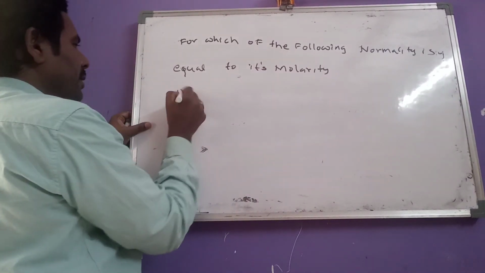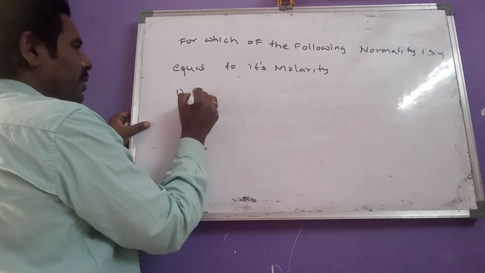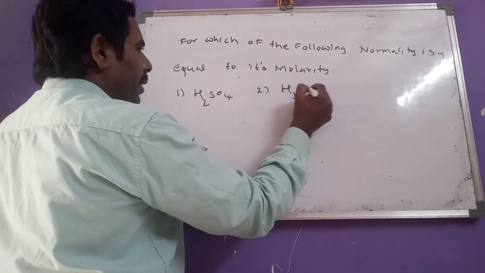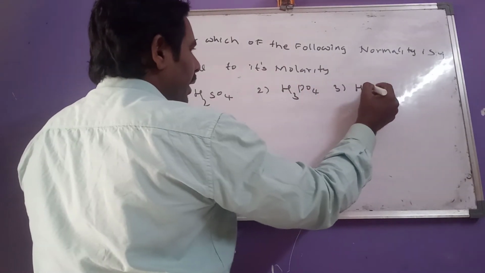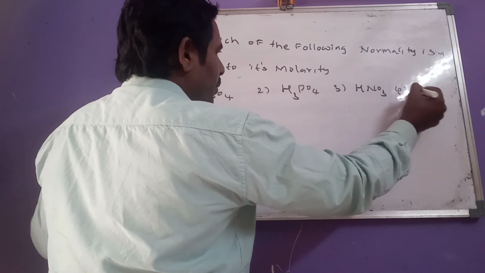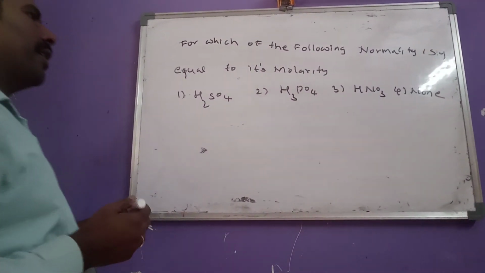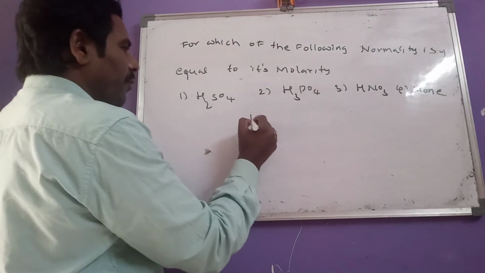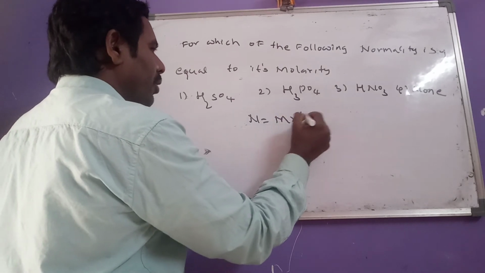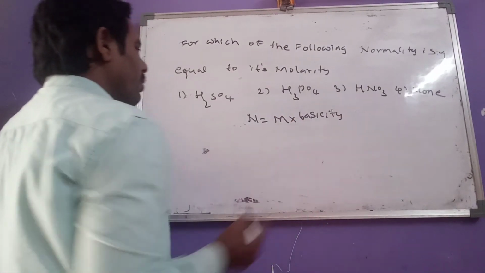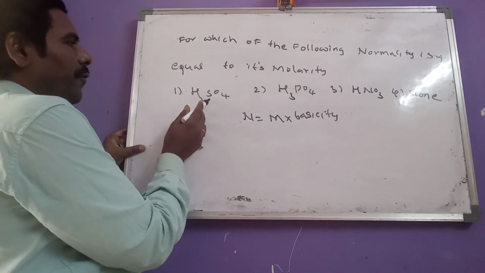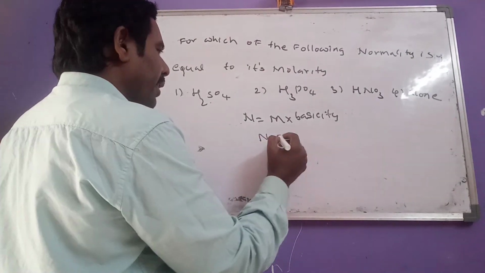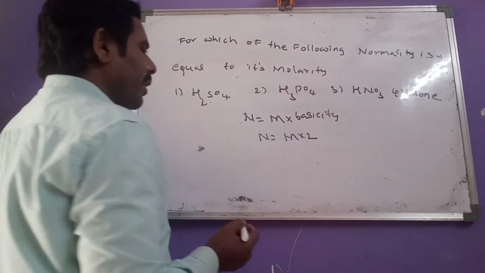Options are given like this: first option H2SO4, second option H3PO4, third option HNO3, fourth option none. To calculate normality using molarity, what should be the formula? Molarity into basicity. Sulfuric acid has basicity 2, so normality is molarity into 2.